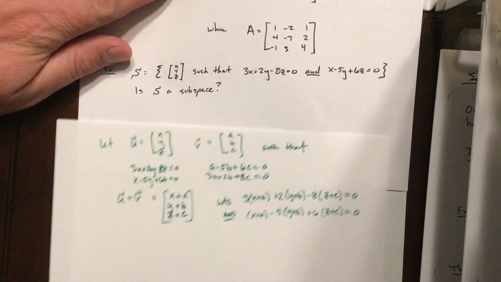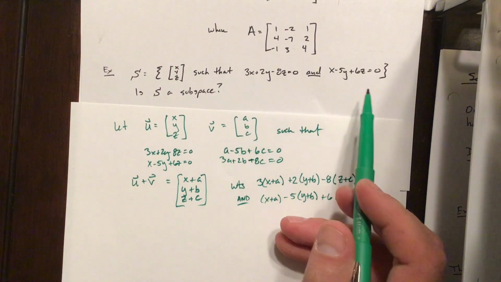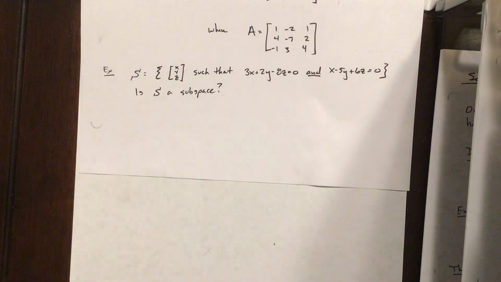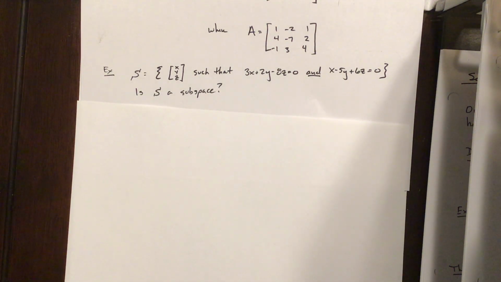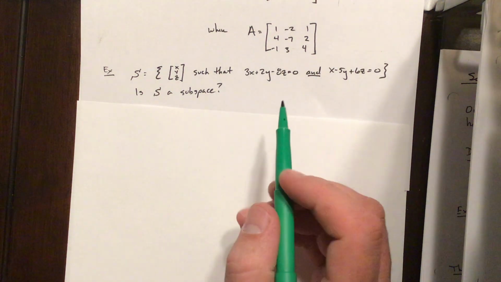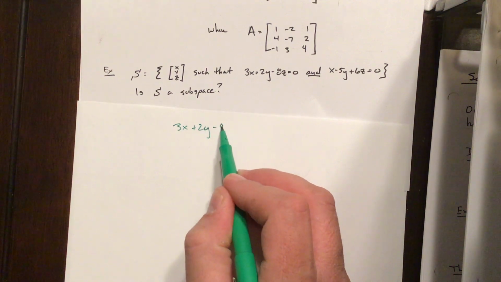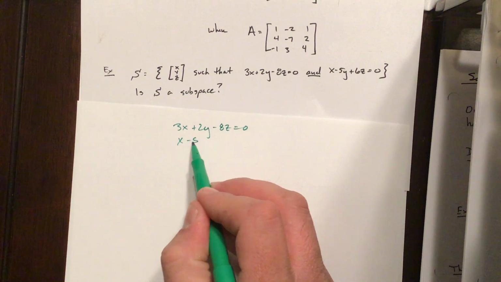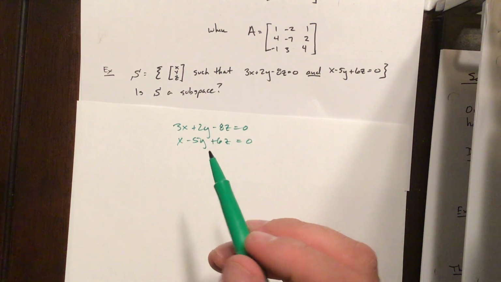So, when you look at this, okay, you're looking at the set of vectors such that two equations are equal to 0, okay? So let me flip the page upside down. Okay, that should remind you of the process that we just did, okay? So you have 3x plus 2y minus 8z is equal to 0, and x minus 5y plus 6z is equal to 0, a system of two equations.